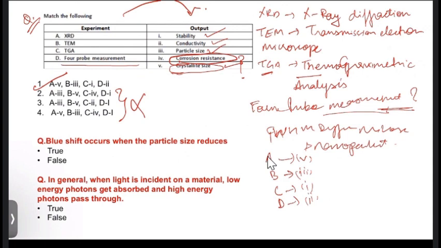Blue shift occurs when the particle size reduces. True or false? True. In general, when light is incident on a material, low energy photons get absorbed and high energy photons pass through.